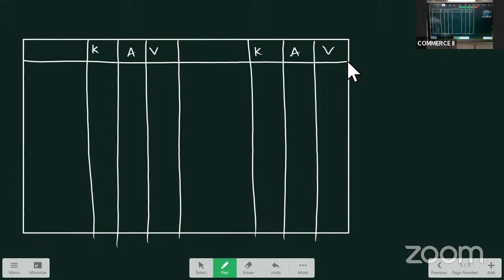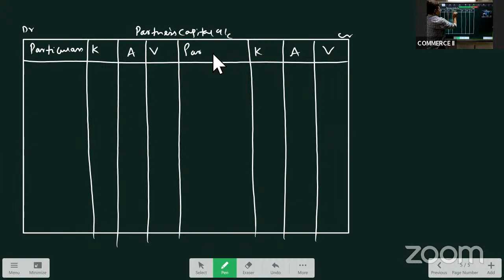Okay. So, how many items will we get on the credit side? Usually 4 items, right? This is our partners' capital account.